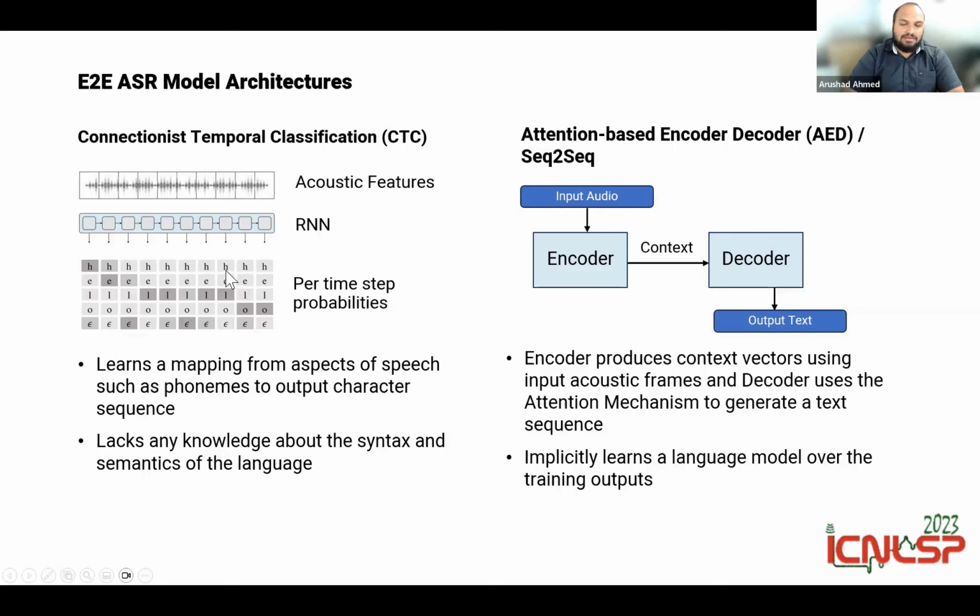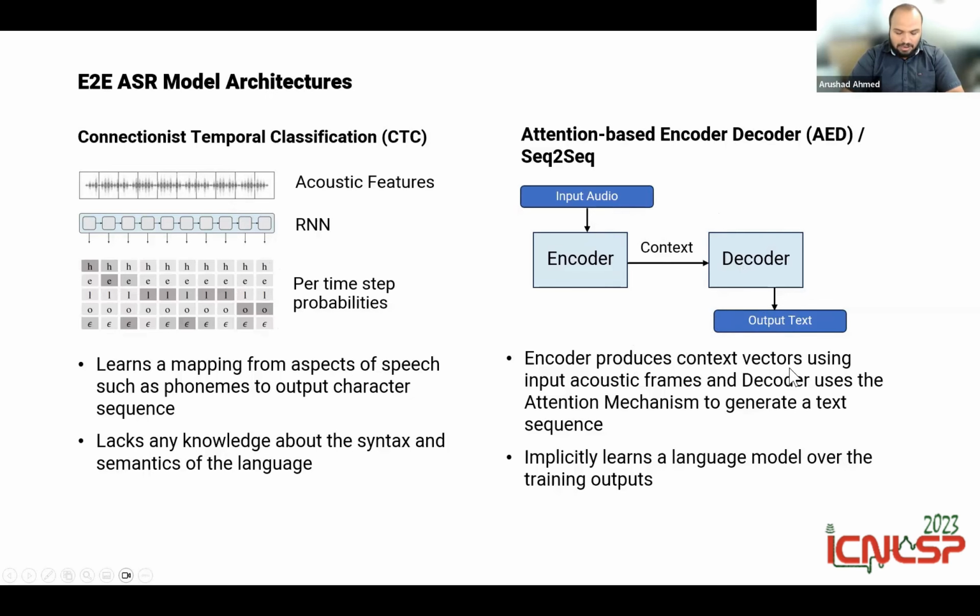These models are kind of dumb in a way, as they don't have any knowledge about the syntax or the semantics of the language. Sequence-to-sequence models, or encoder-decoder models, on the other hand, take an input audio sequence and, based on context vectors, produce an output text sequence. These models are a bit smarter, as they implicitly learn a language model over the training transcripts.